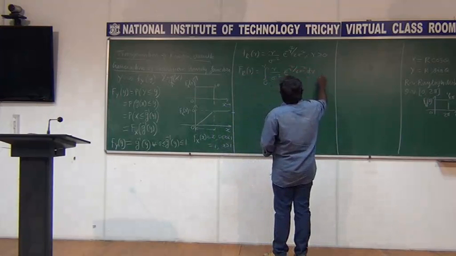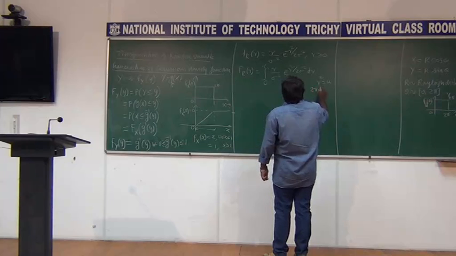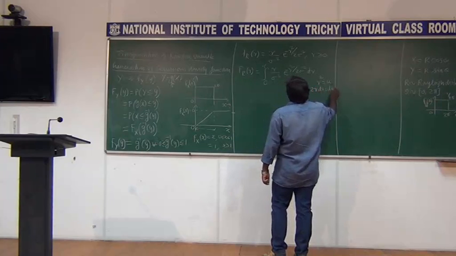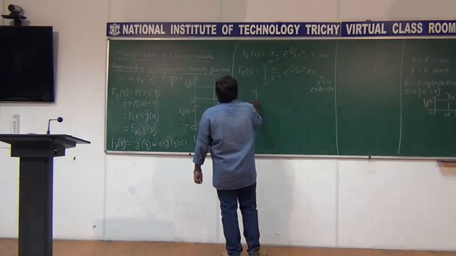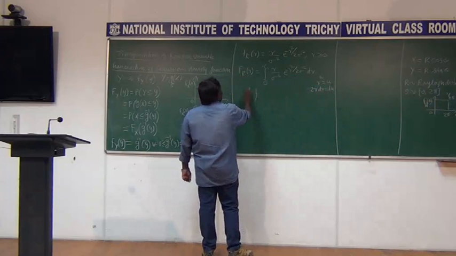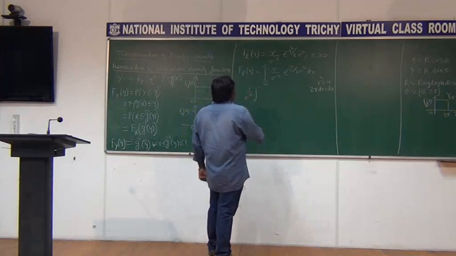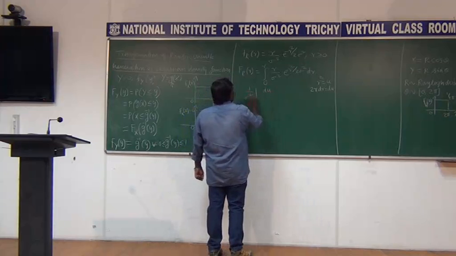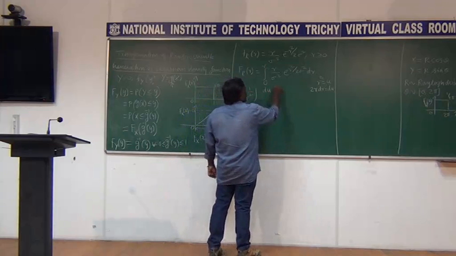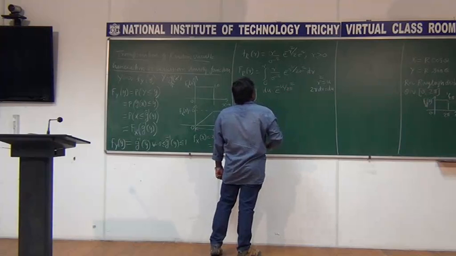So let me put r squared is u and 2r dr is du. This is the usual thing, and right. So 1 by sigma squared, I'll take it here. R dr is du by 2, so you get 2 here. E power minus u by 2 sigma squared here, right?